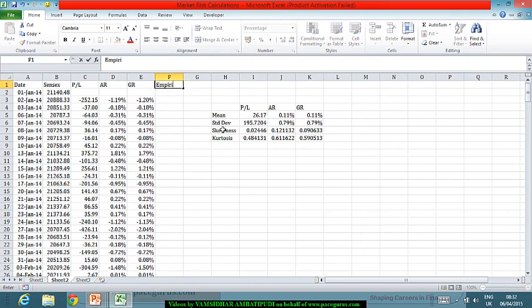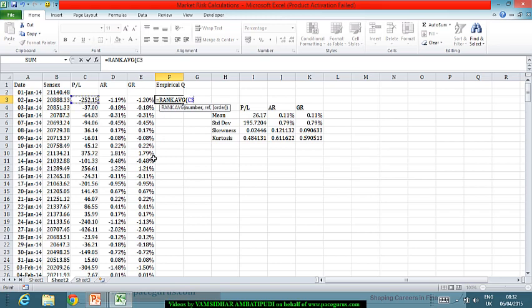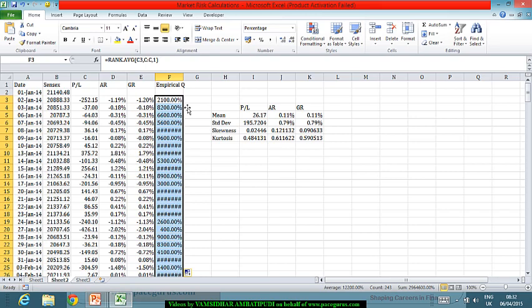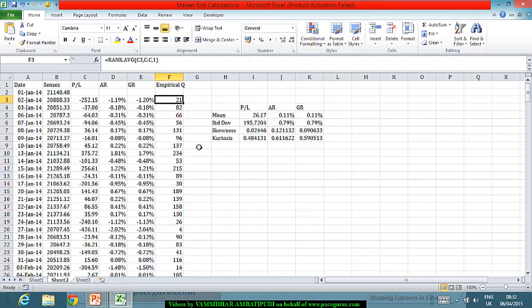So empirical data, if I really want to find the empirical quantiles, the best way is to take the rank. I take the rank of this particular entry as a part of the whole in ascending order. Probably it's better that I take it in a number form. So the rank is around 21.